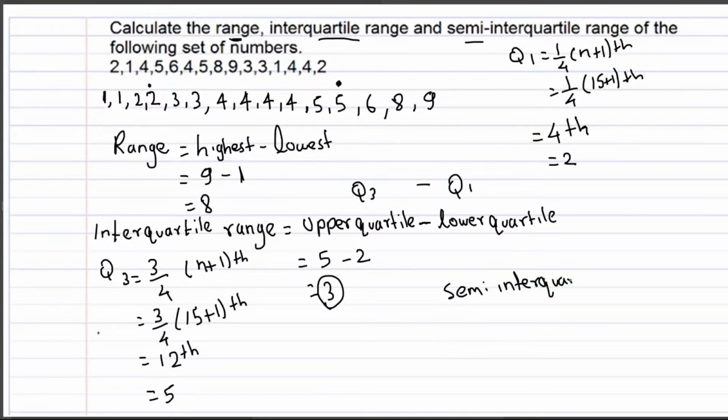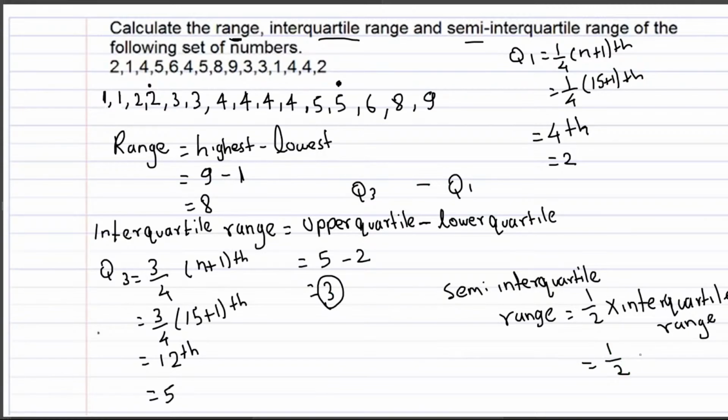To find it, you just multiply the interquartile range by half. And the interquartile range is what? 3. So we multiply half times 3, that's going to be 3 over 2, and that's it.